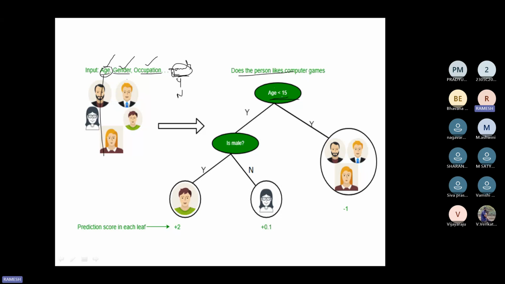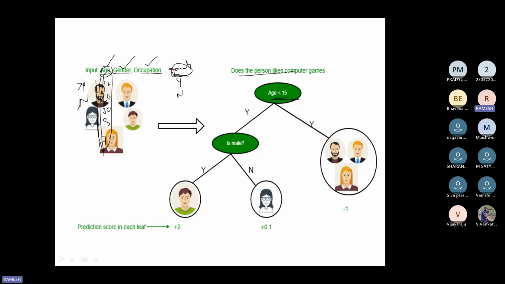Age may be 16, 20, 30, 8, or 7. These continuous values are converted into categorical values, whether it is greater than 15 or less than 15, yes or no. This is a conversion problem.